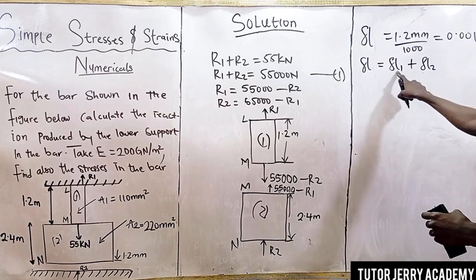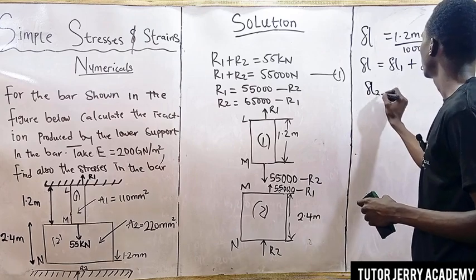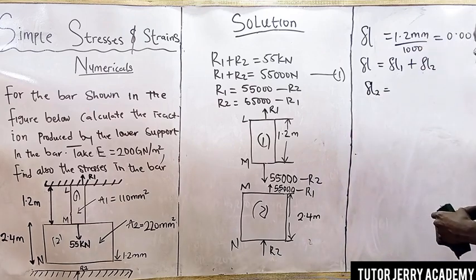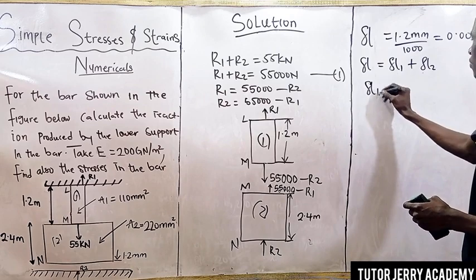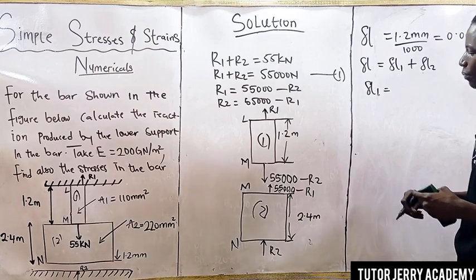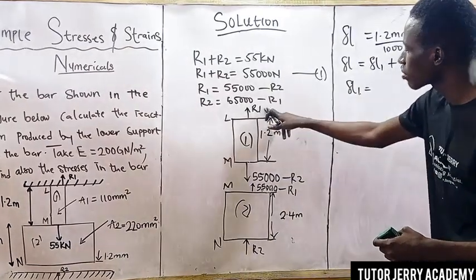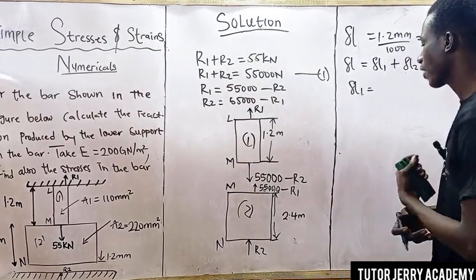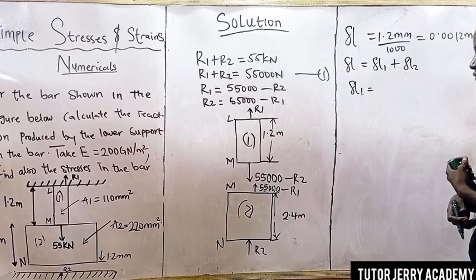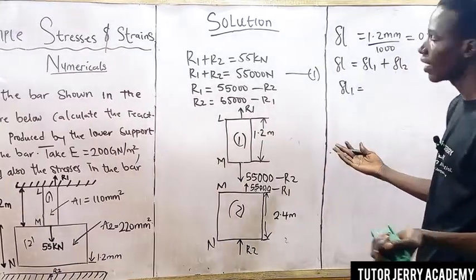Now for the extension of the first section, the elongation is equal to PL over EA. P for this section is the pull, which is R1. You can use R1 or 55,000 minus R2, but for this case let's use 55,000 minus R2, because P is simply R1.